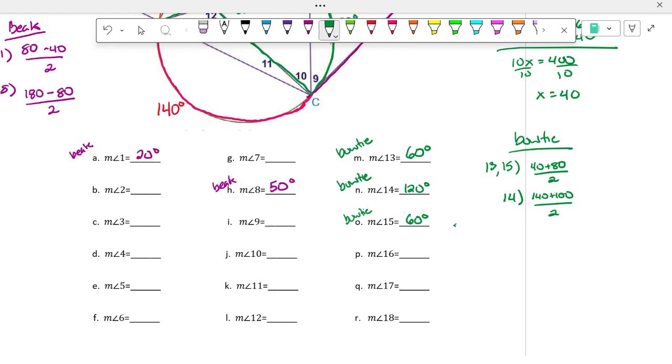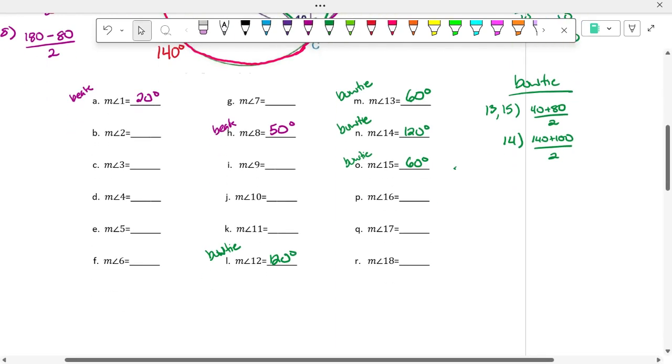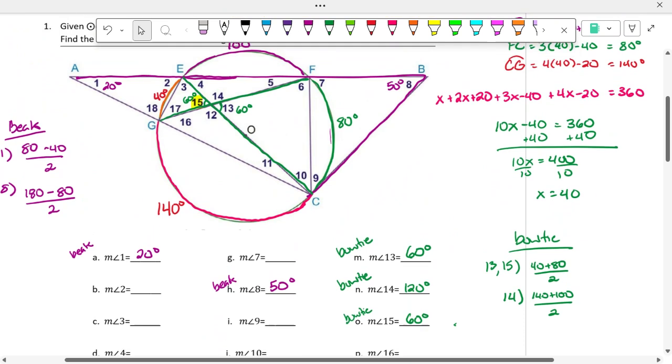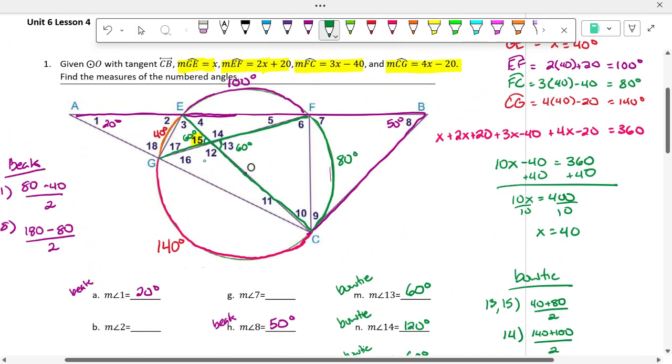So 14 is 120. And that also means that 12 is what? 120 because they're vertical. All right, so this is 120. This is 120.